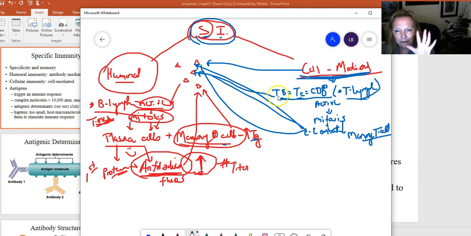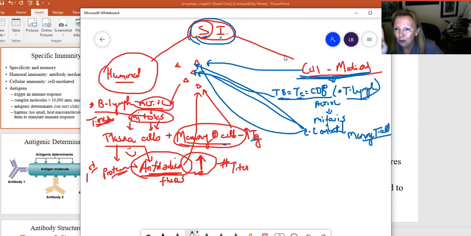So just to give you that heads up, I want you to know about humoral, involving B lymphocytes and antibodies. I want you to know about cell-mediated, involving cytotoxic Ts and cell-to-cell combat. I want you to know that both divisions produce memory cells so that you don't have to do it the second time, and that typically, especially for things that have very stable antigens, antigenic determinants, you don't get those diseases again.